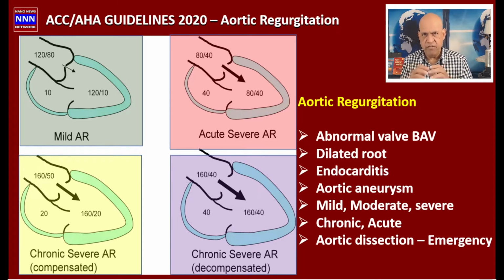If the leaflets are immobile and don't move and close properly during systole, there could be a mild aortic leak. And in patients with mild aortic regurgitation, if there is no other associated condition, their left ventricular size is normal, their left ventricular end diastolic volume is normal, and the left ventricular end diastolic diameter is going to be normal.